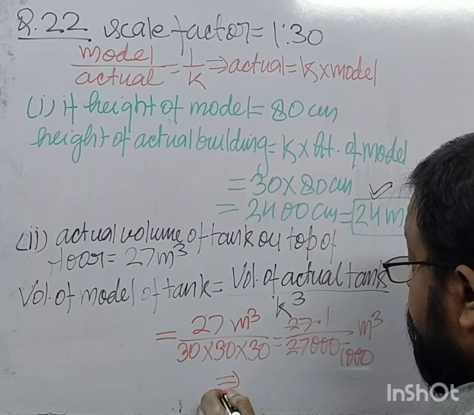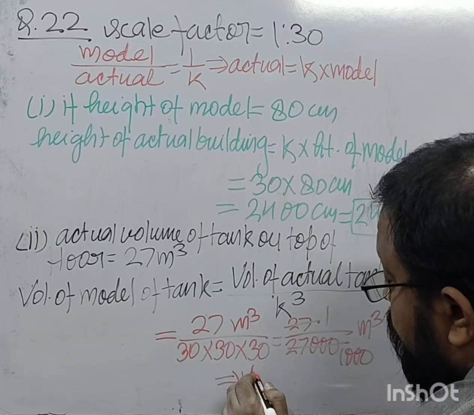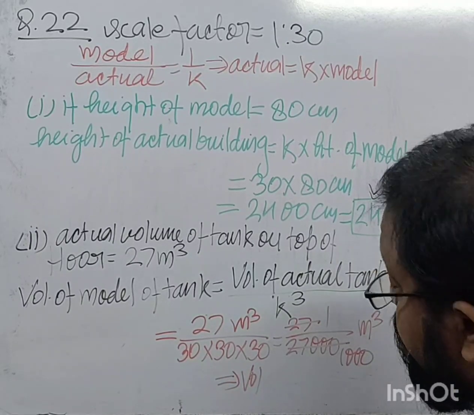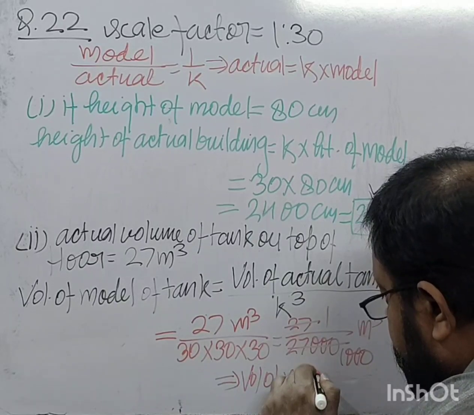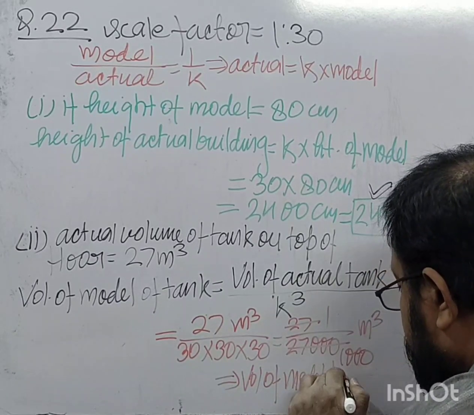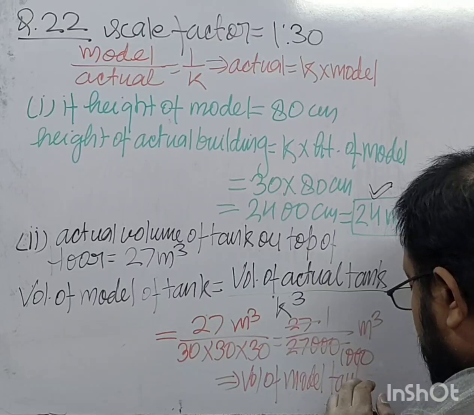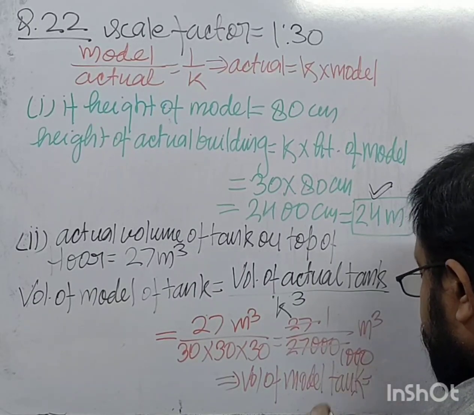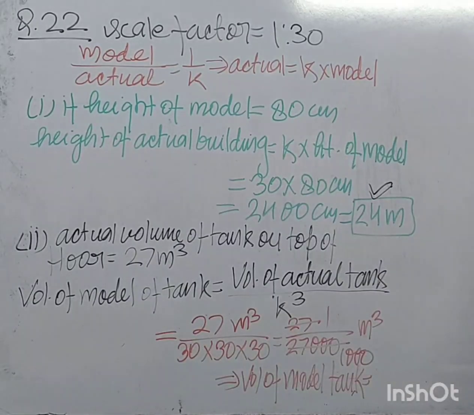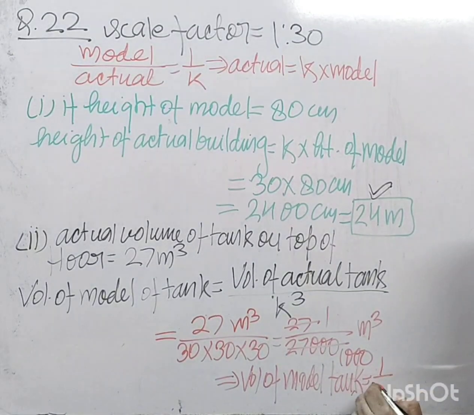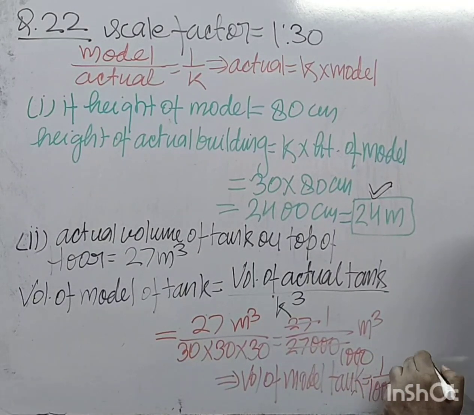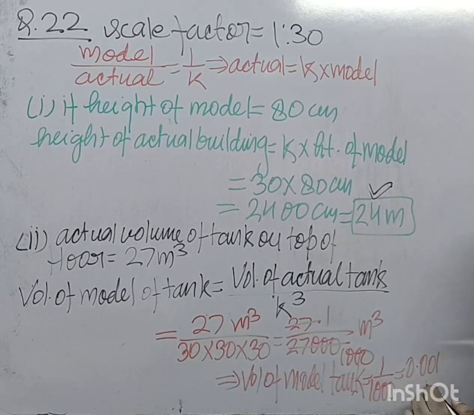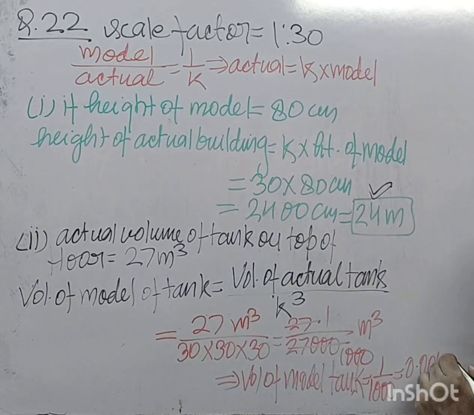So there will be volume of model tank is equal to how much? 1 upon 1000 becomes 0.001 meter cube.